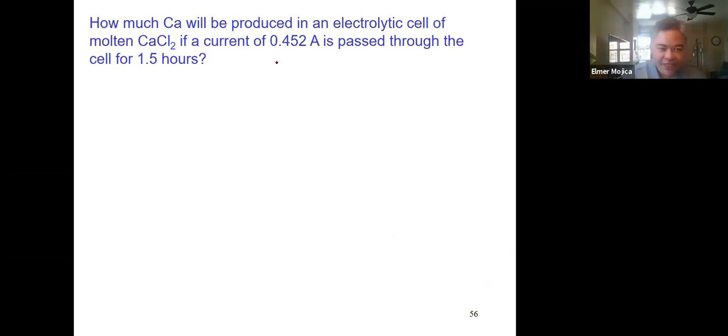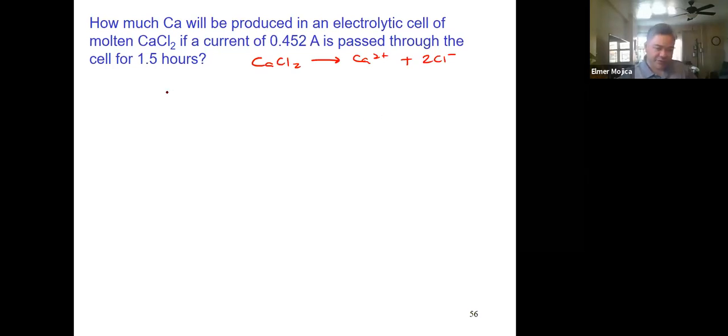So you have calcium chloride, so this will break down to what? Calcium 2+ and chloride ion. So we could say here, okay, I have 2 Cl- producing Cl2 and electrons.